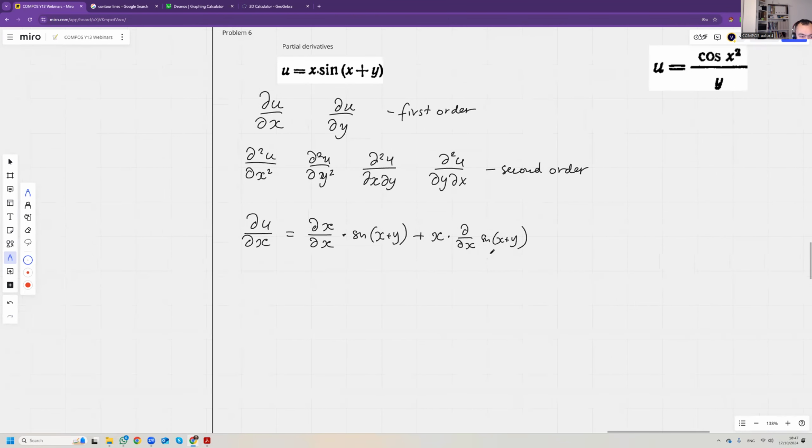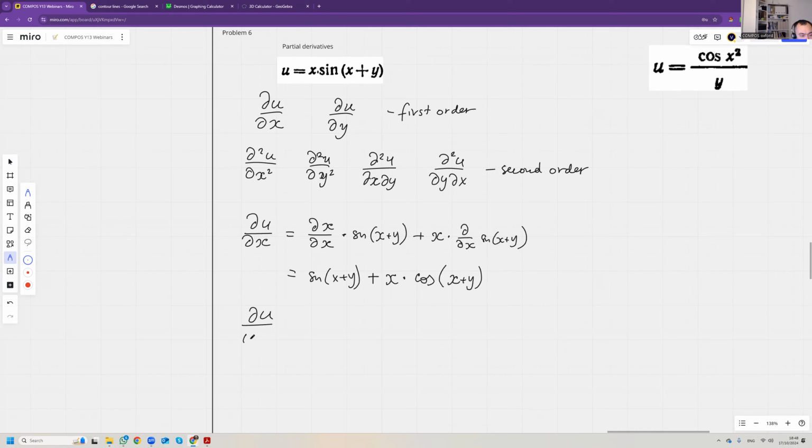So for the latter, we need to use the chain rule. So this is 1. So that's equal to sine x plus y plus x multiplied by cos x plus y. And then, well, it is a chain rule, but it's going to be 1. So that is the first derivative, du dx.